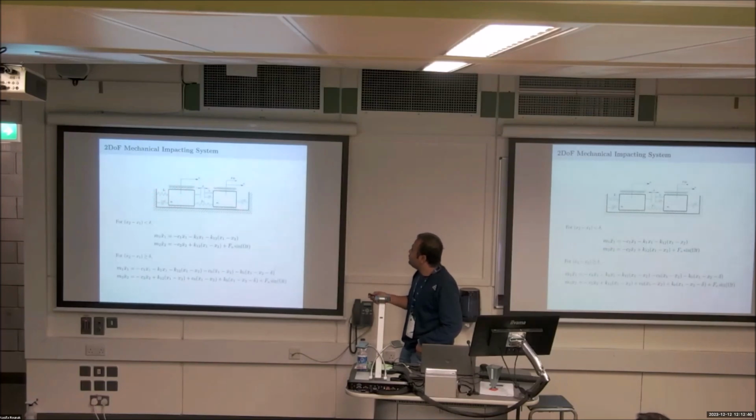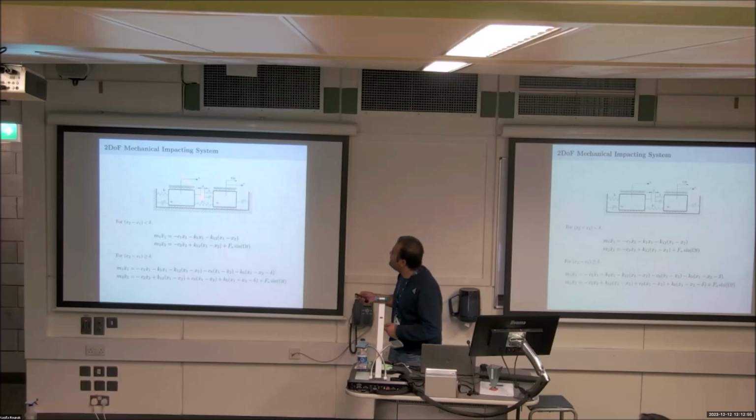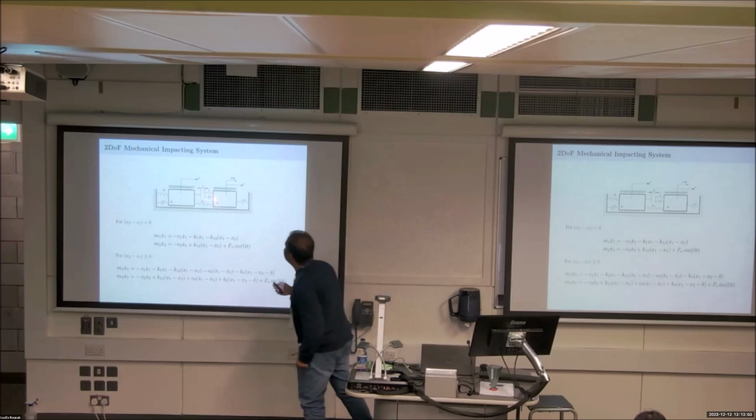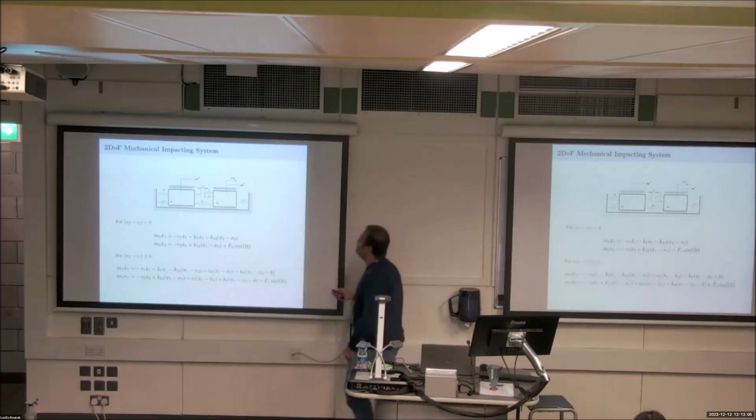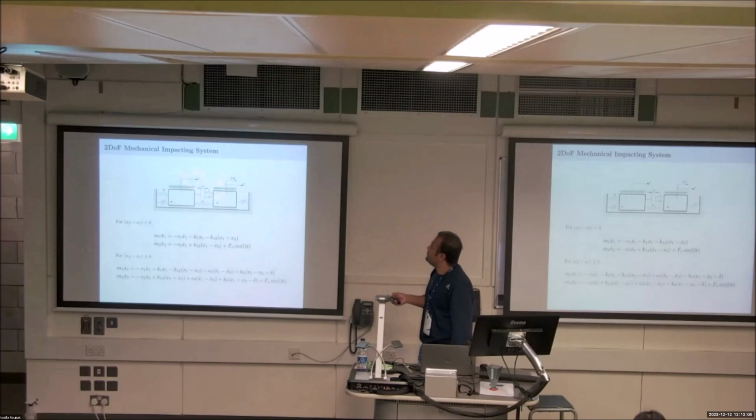Those two masses M1 and M2 are attached by a spring, and the mass M2 is attached to the hard surface by a damper with damping coefficient C2. There is an impacting wall, which is added with mass M2 with spring constant K0 and damping coefficient C0, and delta is the initial separation between them when there is no force applied.